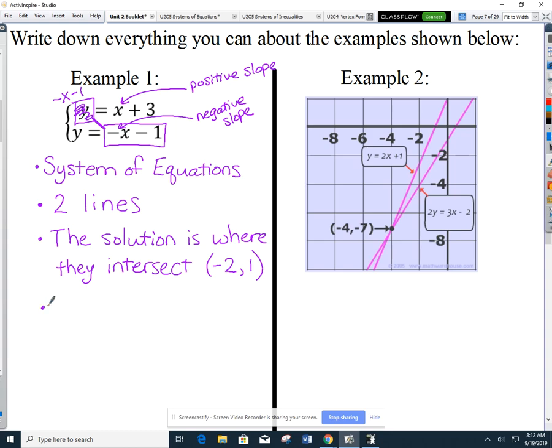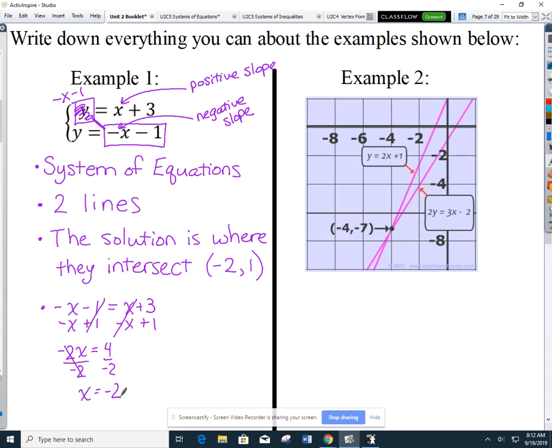So let's show that -x minus 1 equals x plus 3. If I wanted to solve that, I could just put the x's on the same side, and I could put the constants on the other side, and I'd have -2x equals 4.